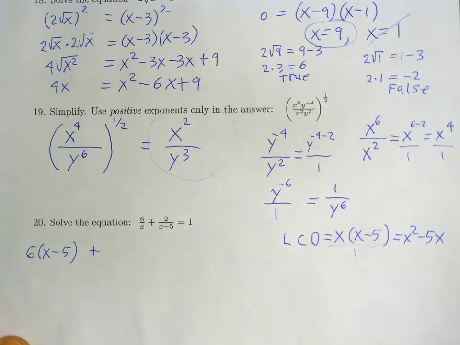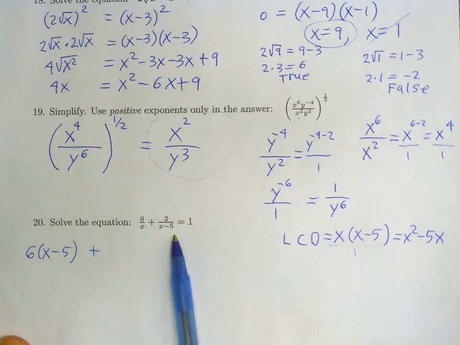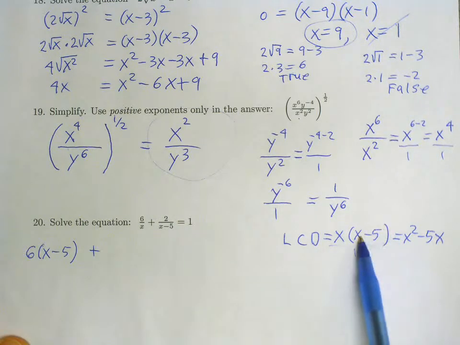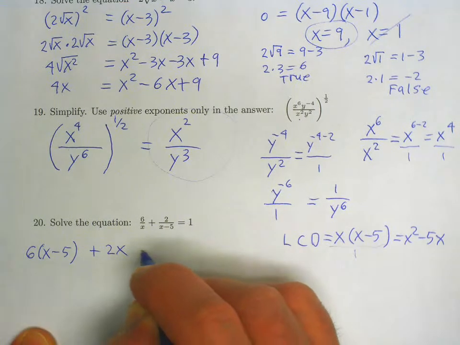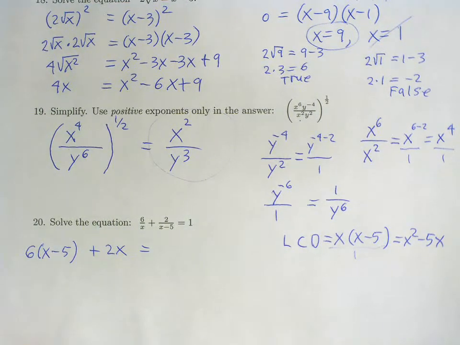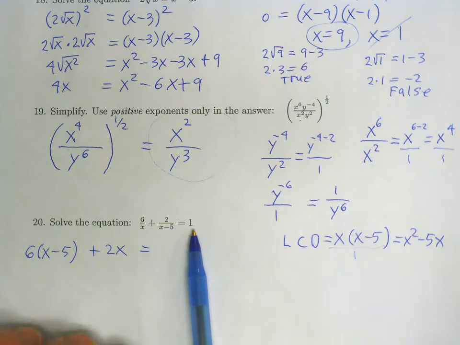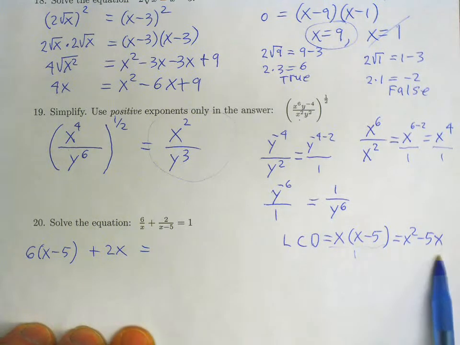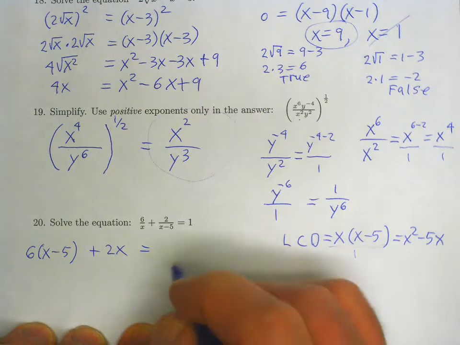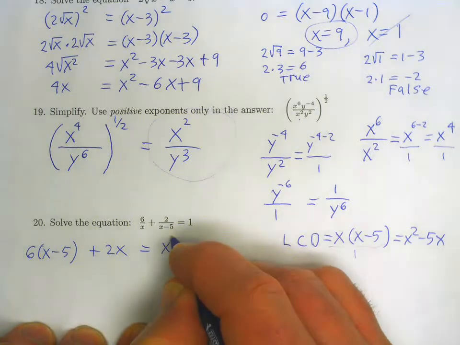And then we multiply x times x minus 5 times 2 over x minus 5. This time the x minus 5 factors cancel, so we get plus 2x. On the right-hand side, we multiply 1 times the least common denominator. This time we don't get any cancellations. So this time I'll multiply 1 times the expanded form of the least common denominator. So I get 1 times x squared minus 5x.